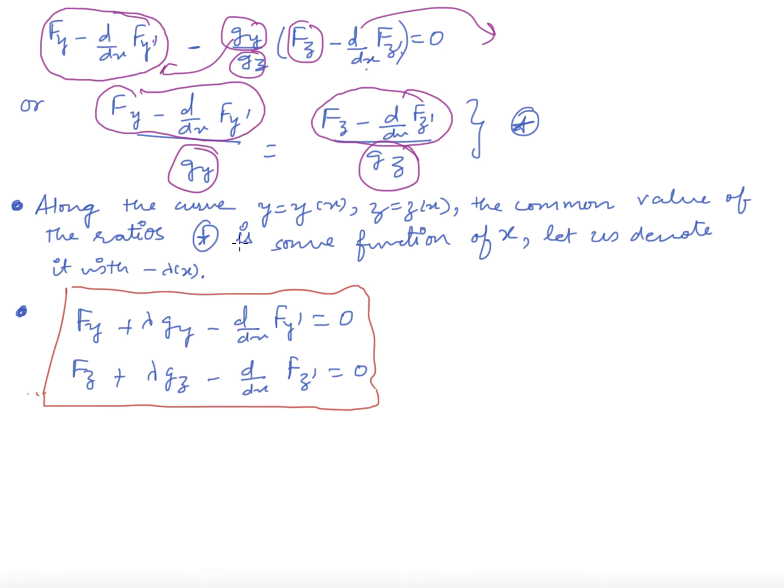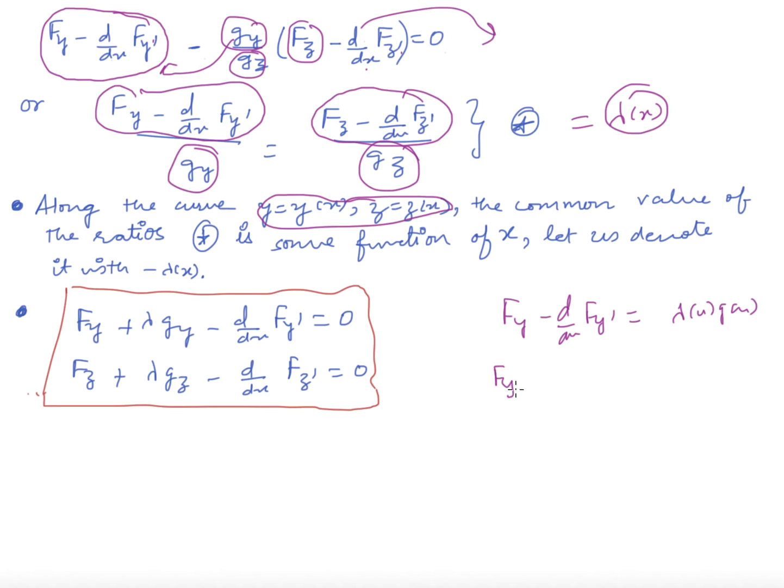Okay. So it means that along this curve, these values are the same. I am calling this common value lambda of x. Then I will get fy minus d/dx of fy dash is equal to lambda x g of x.